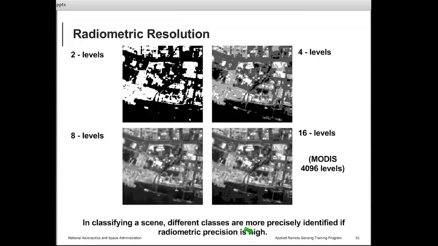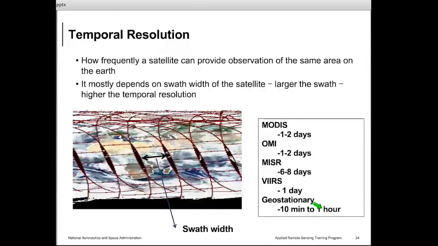If you have a sensor with 8 or 16 levels, you can start looking into specific features on the Earth's surface and see the different shades of black and white. So just imagine when you have 4096 levels from the MODIS sensor, you can distinguish a lot more features, and that's the beauty of satellite data, when we use these high radiometric resolution sensors to do air quality work.